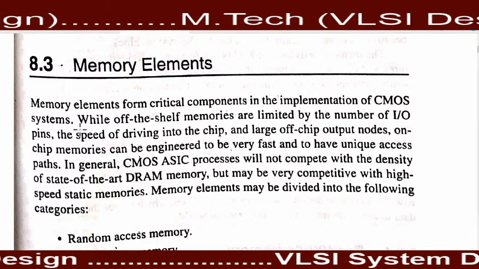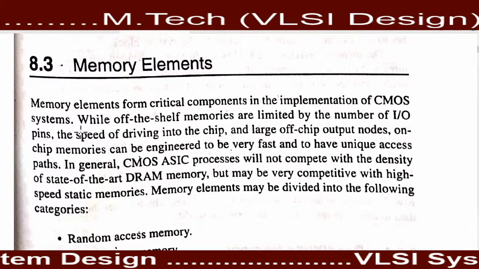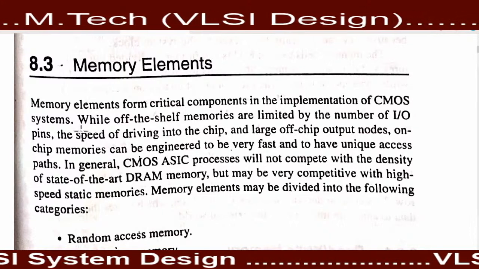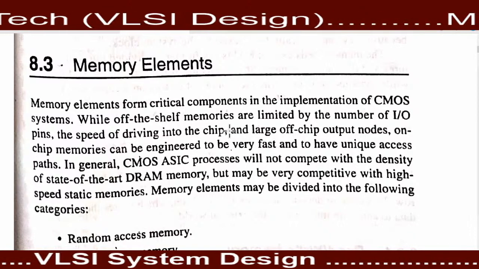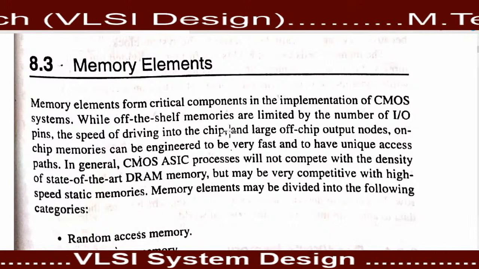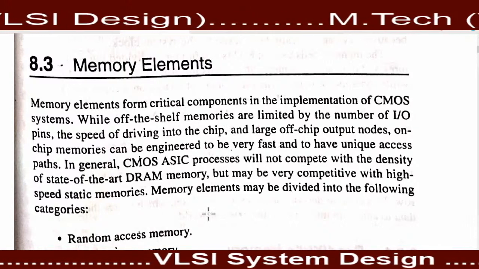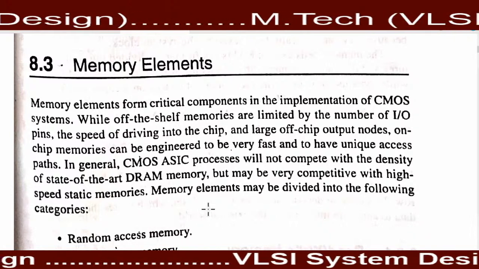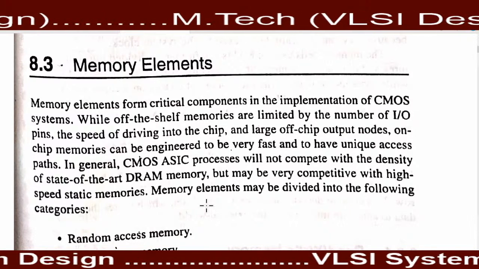Before some decades, when we used memories, there were various limitations, such as the number of input output pins, the number of driving input chips, the number of input voltages, driving input voltage, its size, its speed, etc. These were the limitations of memory some decades ago.